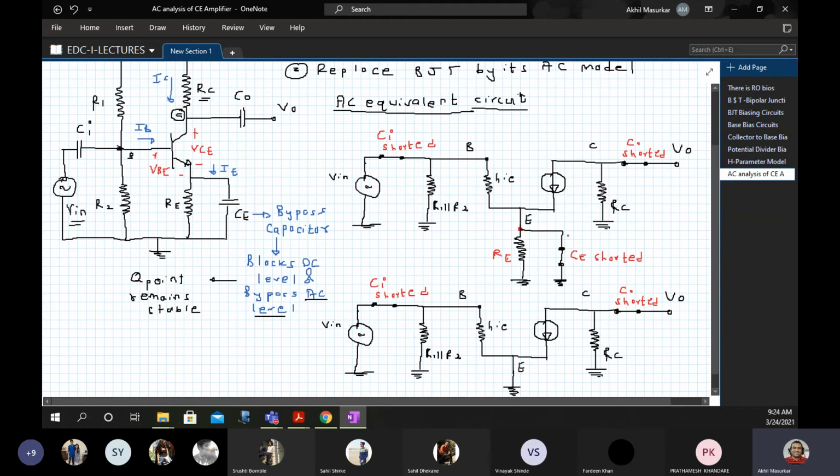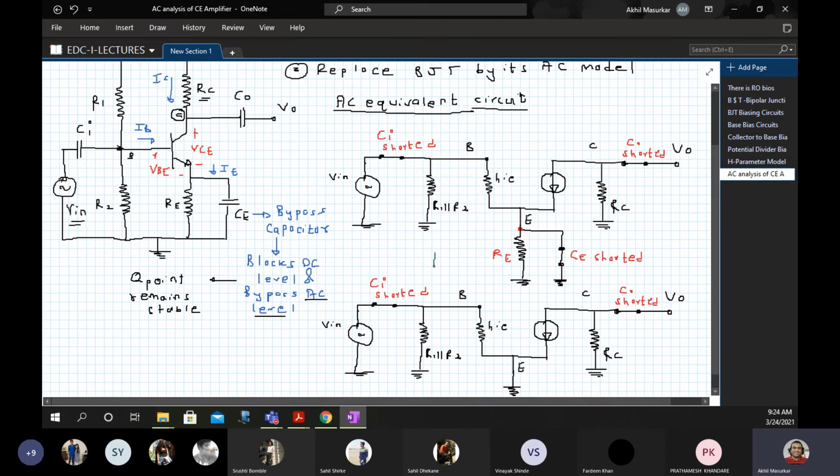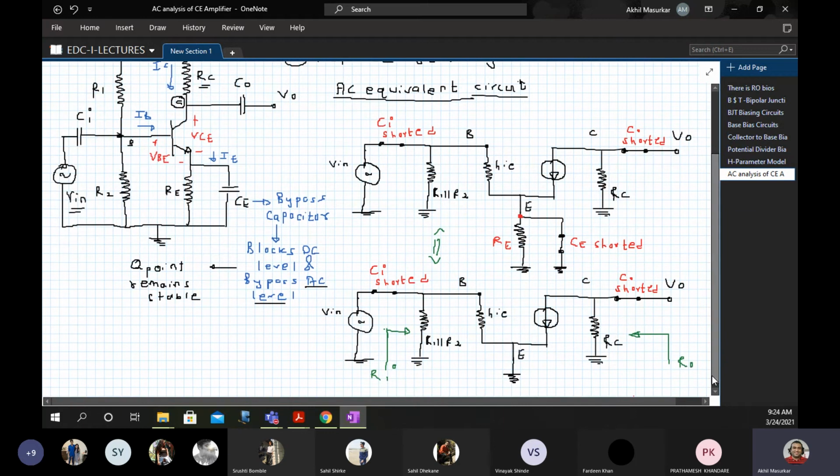So in these two circuits, the resistance seen by the source is called Ri, and the resistance seen from the output side is called R0.